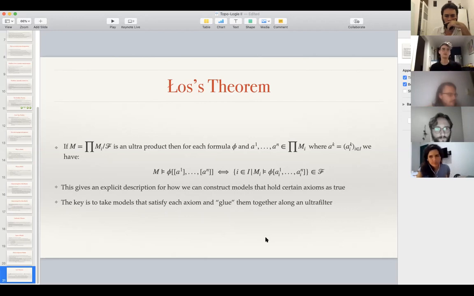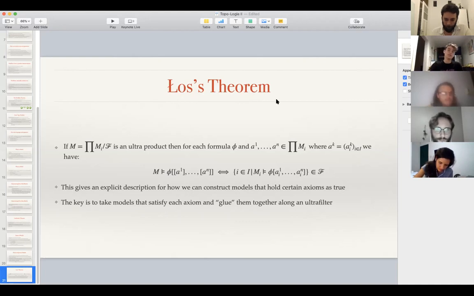So Łoś's theorem says I can take a bunch of models that individually maybe satisfy different axioms, and I can glue them all together, basically along an ultrafilter, identifying certain things in the ultrafilter, and get a new model that satisfies all these things, that adds an axiom, and we can concretely say what the axioms are and what things it satisfies.